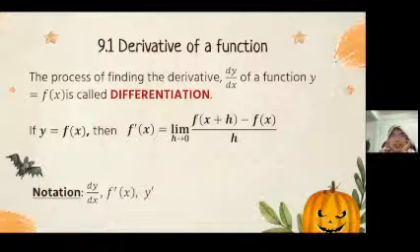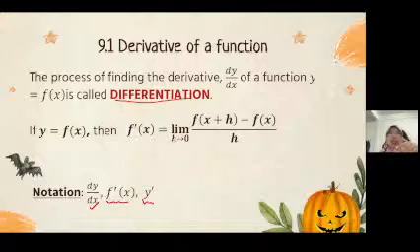Okay, derivative of a function. The process of finding the derivative dy over dx of a function y equal to f(x) is called differentiation. So sometimes we are going to use dy over dx, that is differentiation as well. f prime of x, that is also differentiation. And then y prime, that is also differentiation.